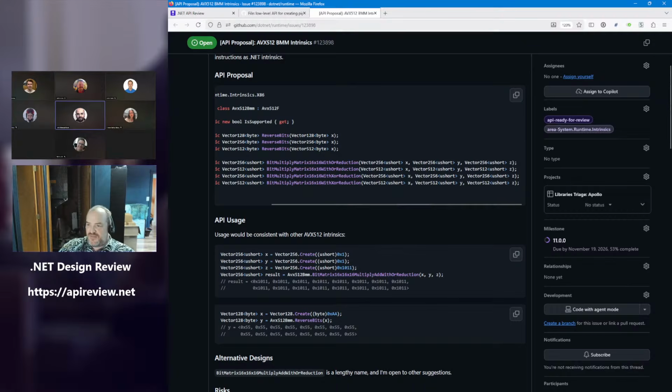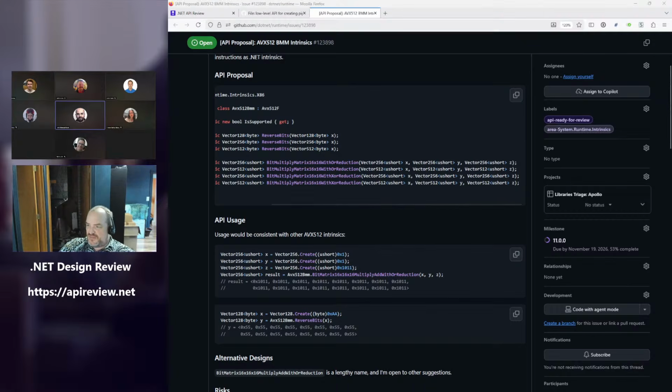So 16 refers to the matrix itself, to the X and Y, right? Yeah. You've got U short, which is 16 bits, and in a vector 256, you have 16 U short, so it's 16 by 16. I'm asking because, should we call it X16, Y16, so it will be obvious what we are multiplying, and Z will be whatever we're adding there?